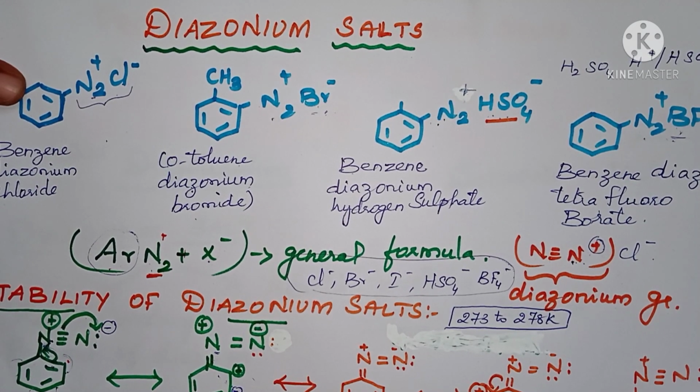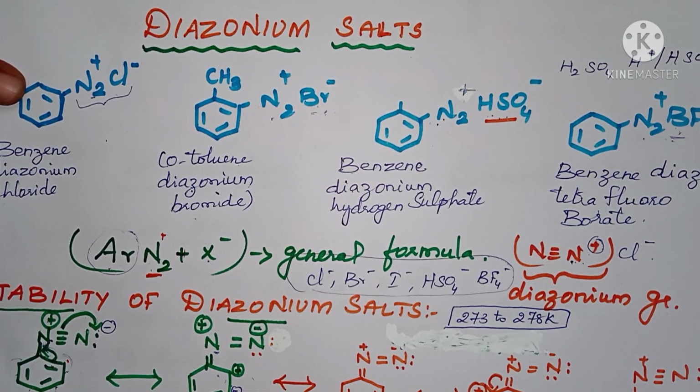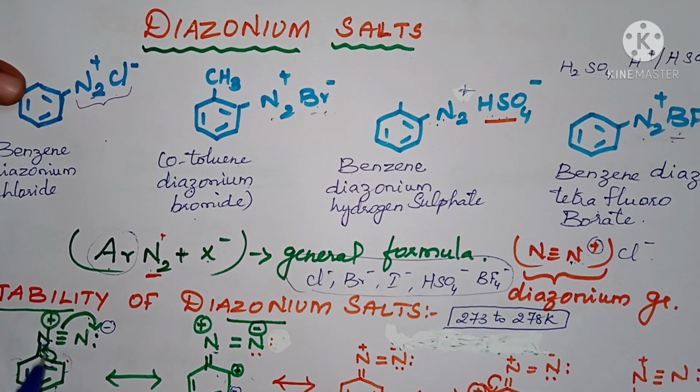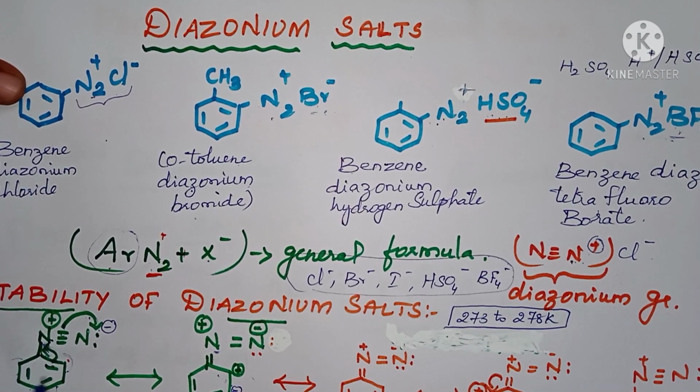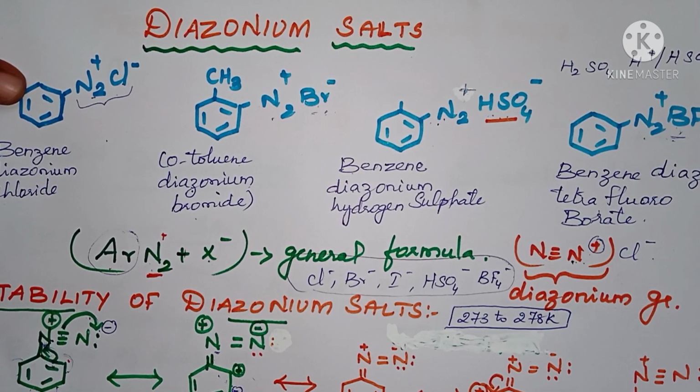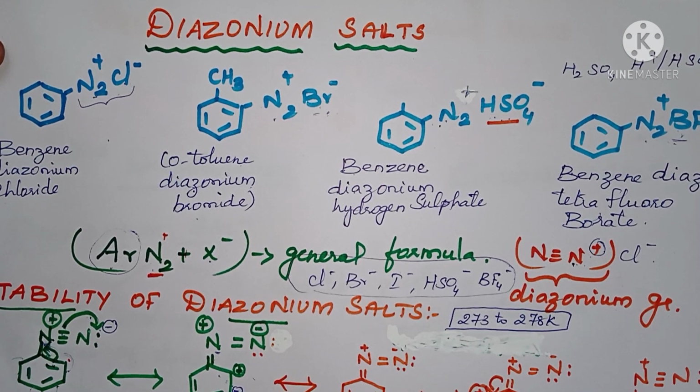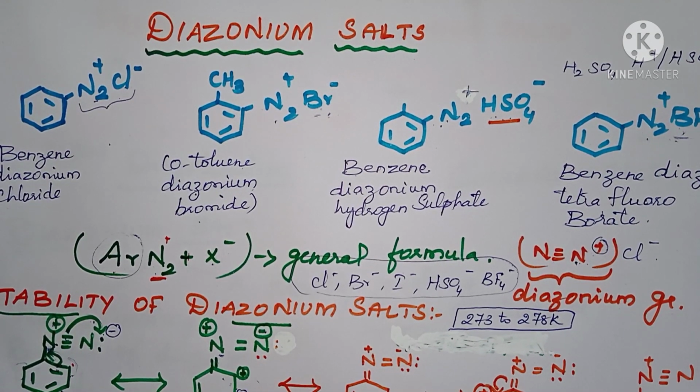For benzene resonance it is clockwise, from here it will go, from here it will go. But this part, to remember easily, is anti-clockwise, because from here it goes, automatically this place is empty, so to fill this from here, it is going there. If you remember this point, you will automatically come to know very clearly. So this is the resonance structure of diazonium salt. Hope you got it.